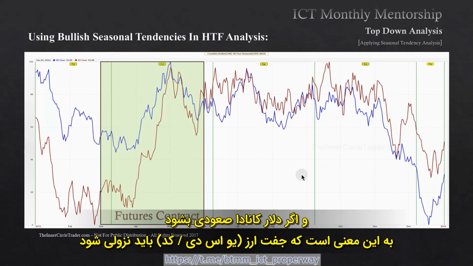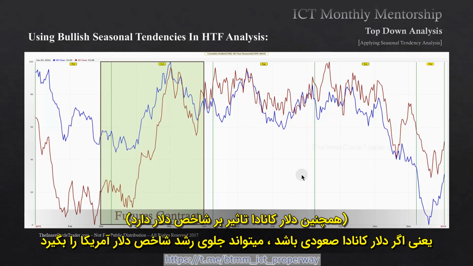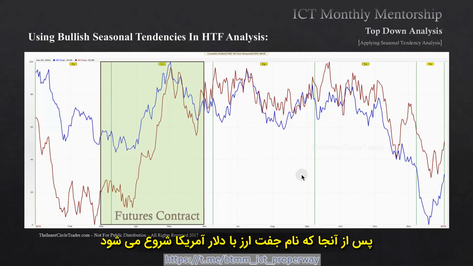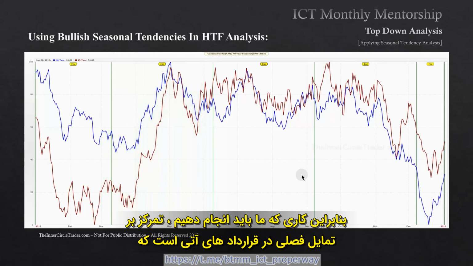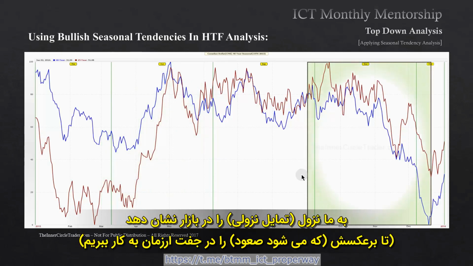If we're bullish on Canadian dollar, that means the US CAD pair is going to go down. That means Canadian dollar is bullish, while that would suppress the US dollar index. So since the pair's name begins with US dollar, the opposite would be seen in what we expect to see in the futures contract. So what we have to do is focus in on the seasonal tendency on the futures contract that shows us a bearish tone in the marketplace.